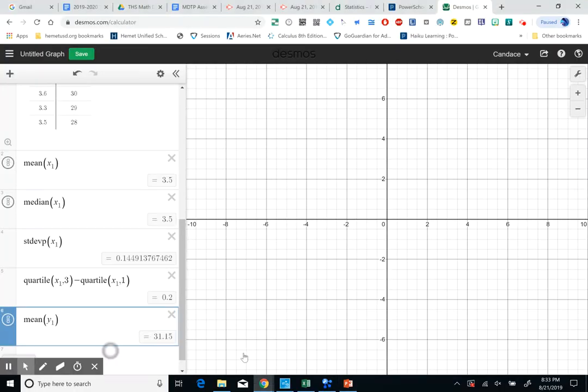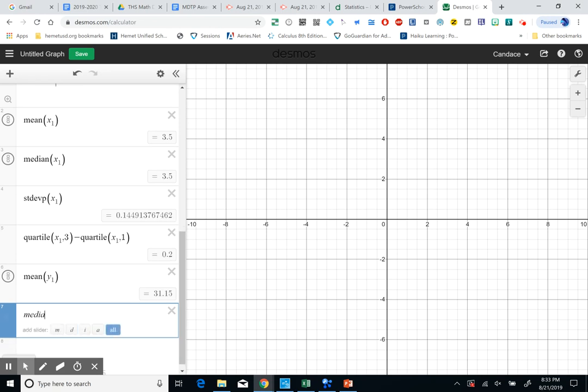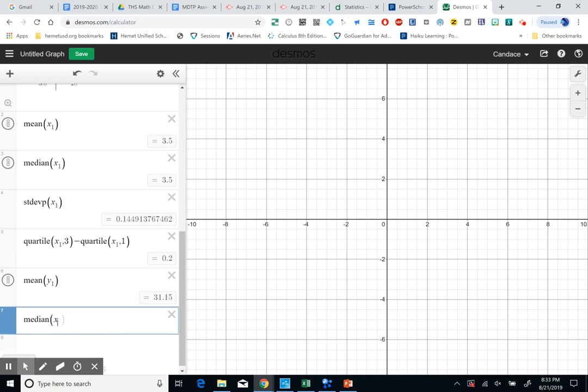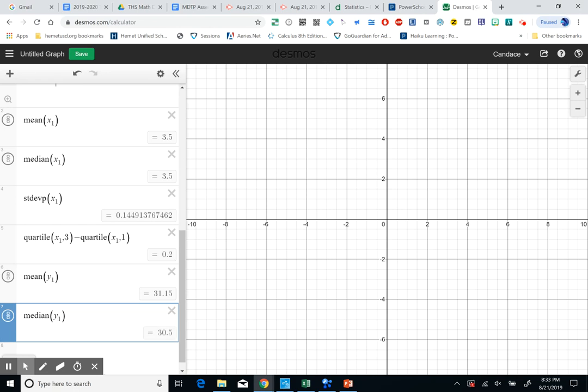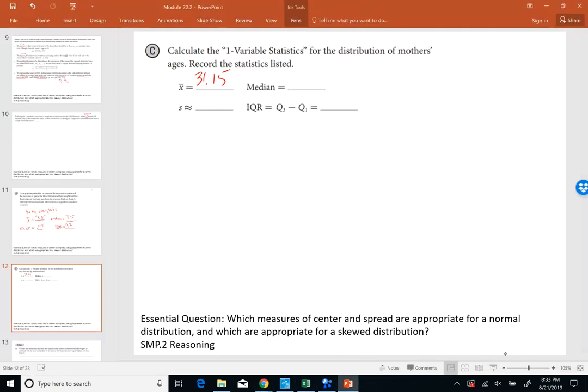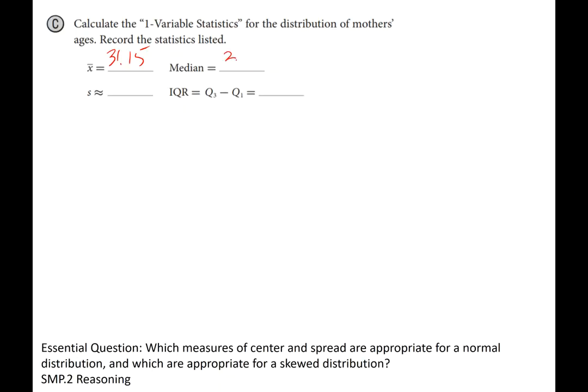Okay, then I'm going to do my median, which is X sub 1 again. And it is 3.5. Oh, not X sub 1. Sorry, Y sub 1. Should be getting a different number. 30.5, that's much better. So 30.5.